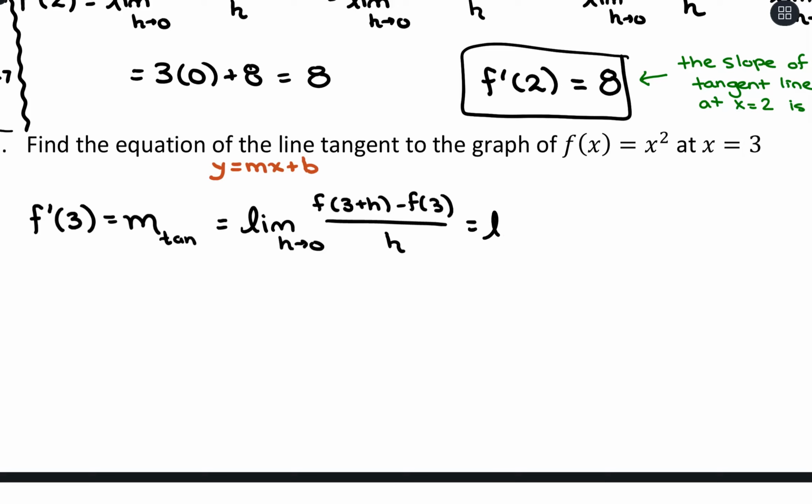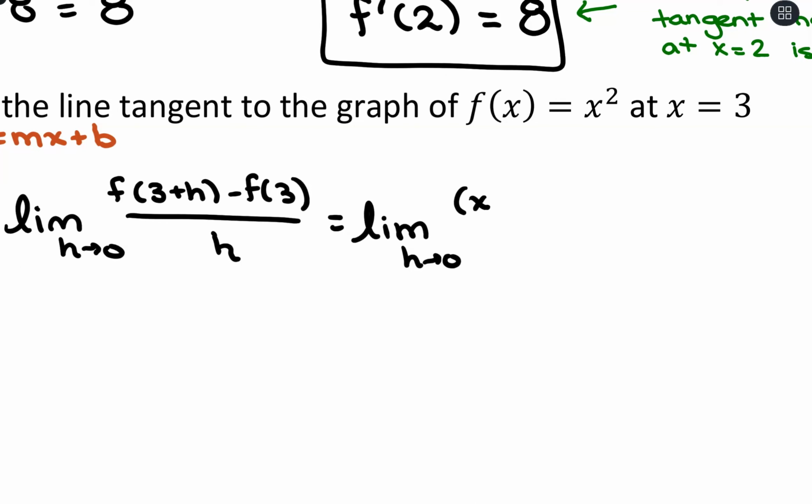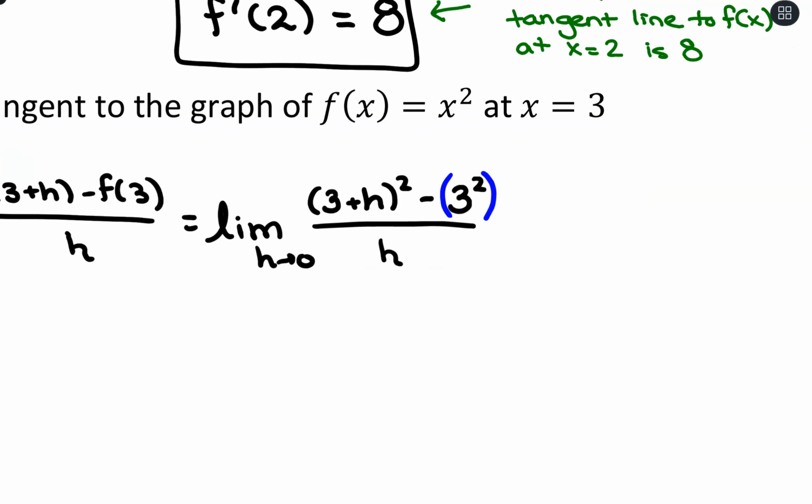Now, our function is x squared, so I'm looking at the limit as h approaches 0 of (3 plus h) squared minus, sorry about that, 3, and then we subtract (3 squared) all over h. And when you're doing this, this doesn't make much of a difference in this example, but using parentheses there is a good habit to have in case you need to distribute that negative.